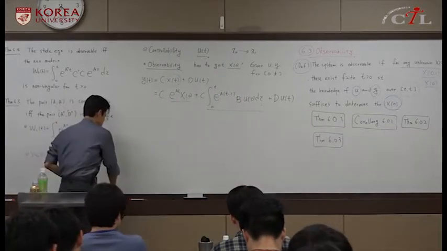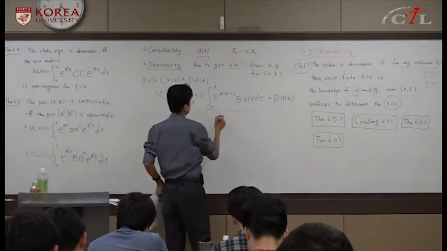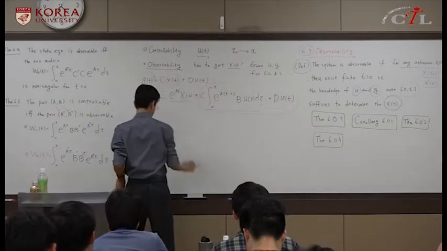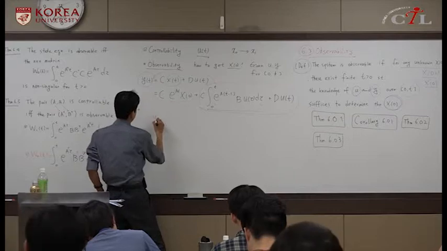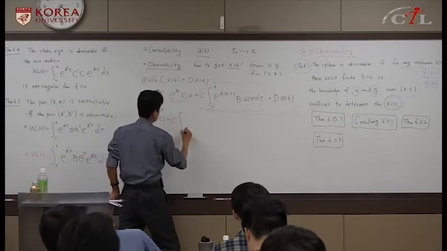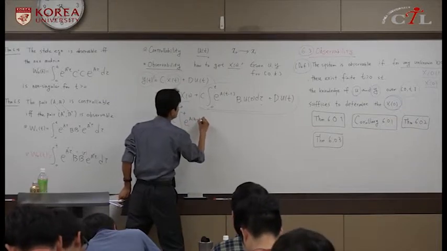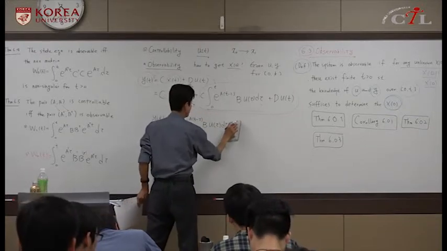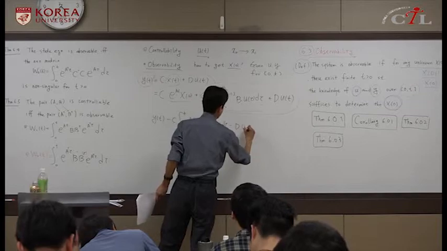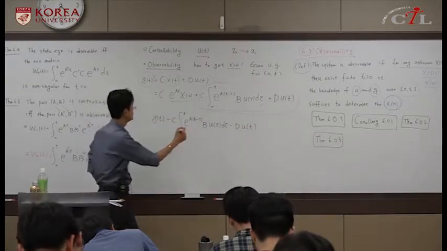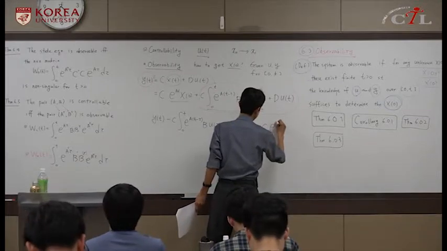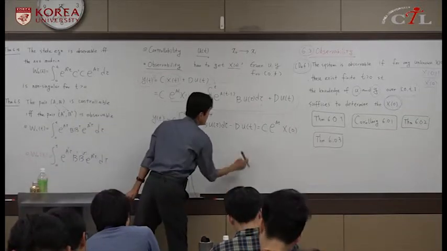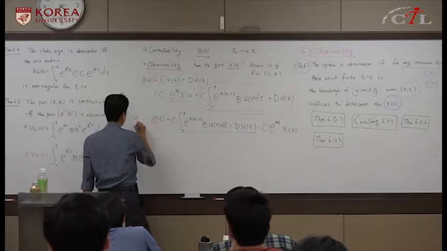Then let me move this to here. y(t) minus the known terms is equal to C e^(At) x naught, and let's denote all of them as y bar(t).